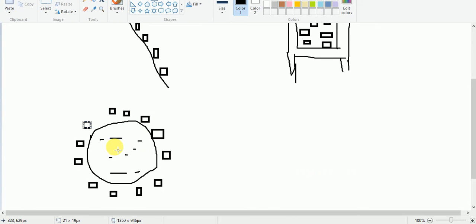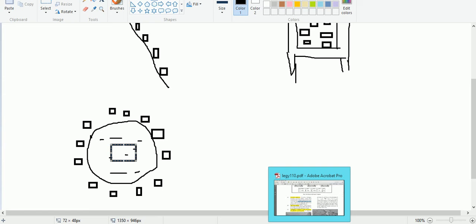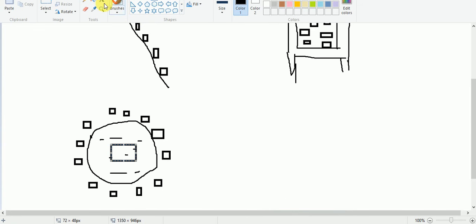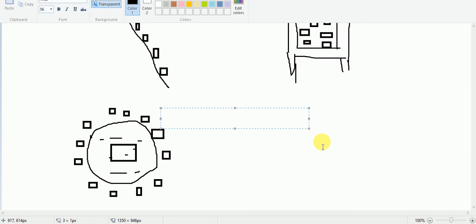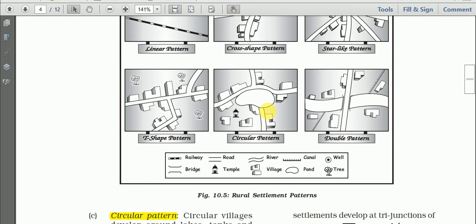So instead of a lake there may be an open field, and there may be grasslands also, and here animals are kept so that they are protected from the wild animals. This is about the circular pattern, and in the diagram also it is there.